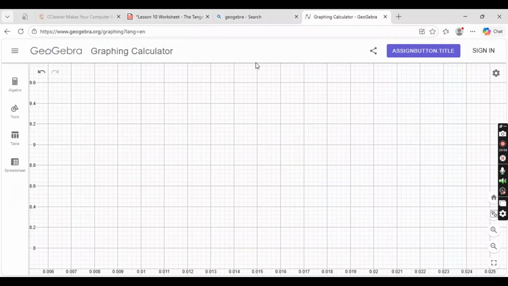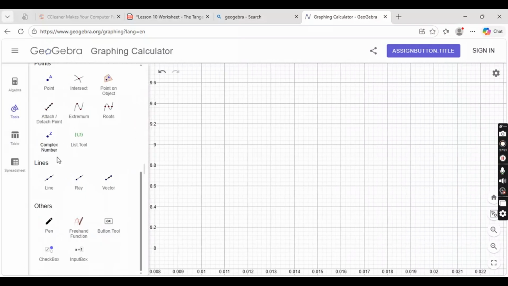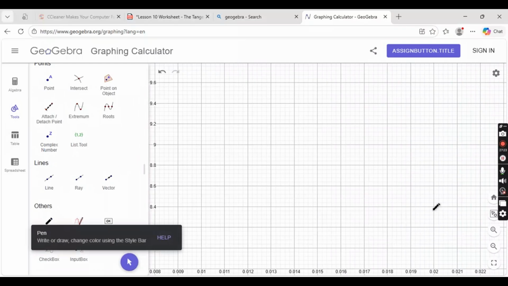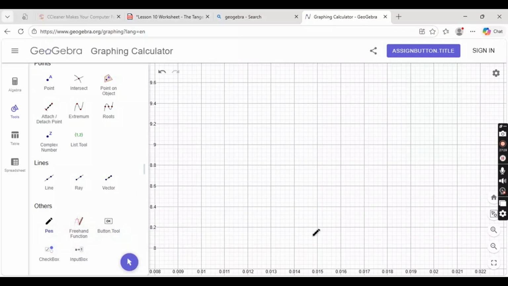It's 187. 8.8, 8.6, 8.4, 8.2, 8.1 will be in the middle, and 8.187 should be somewhere here. Where's 0.2? 0.2 is there. So 0.2. Somewhere here. Make it big.